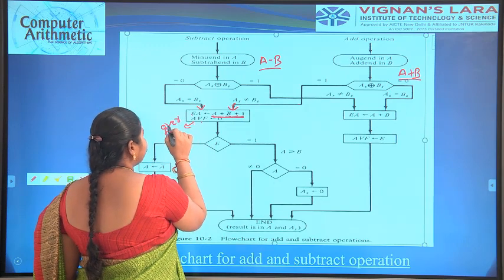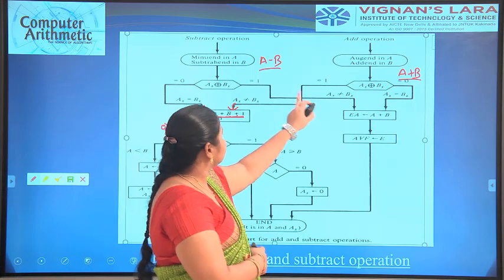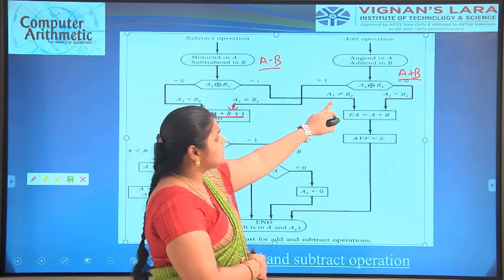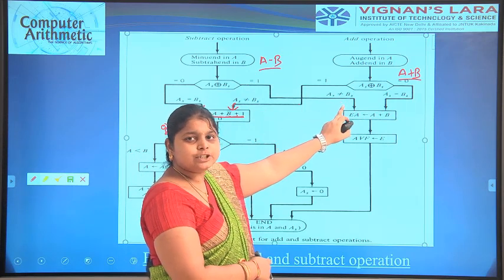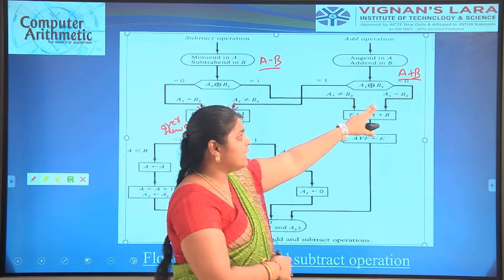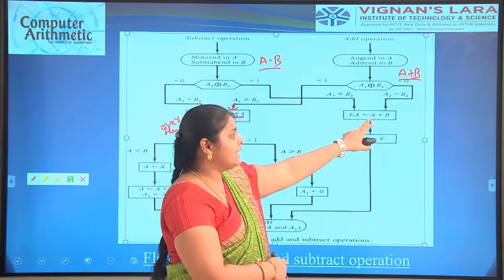Here also, 1 means AS is not equal to BS, the A value is not equal to BS. Here 0 means AS is equal to BS. Here the condition means EA gets A plus B.